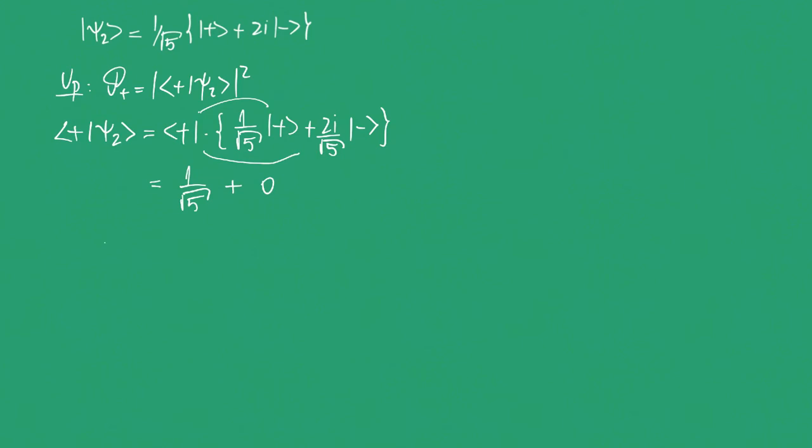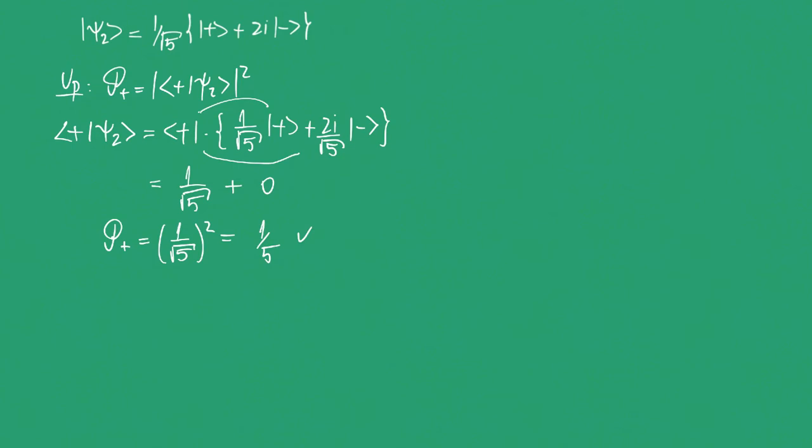Then if we plug it back, we know that the probability of finding spin up is given by 1 over square root of 5 squared, which is 1 over 5. That's the probability of finding spin up.